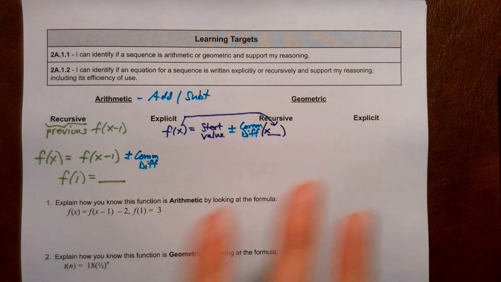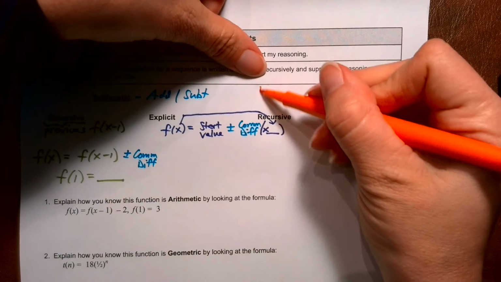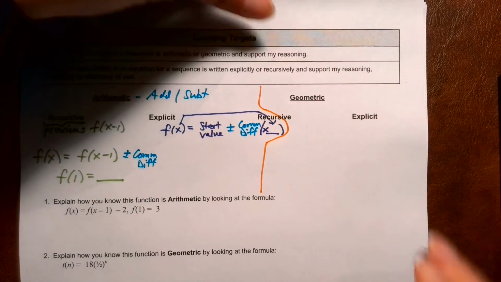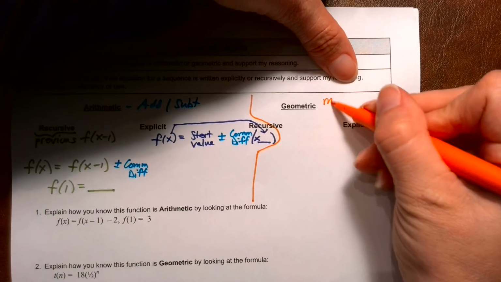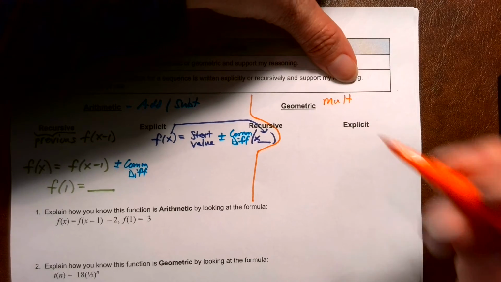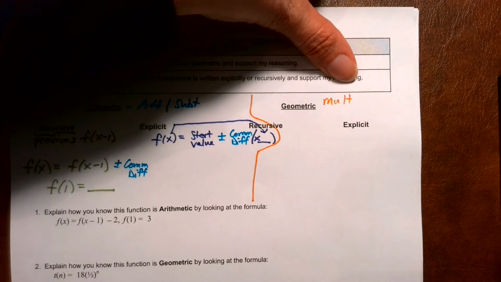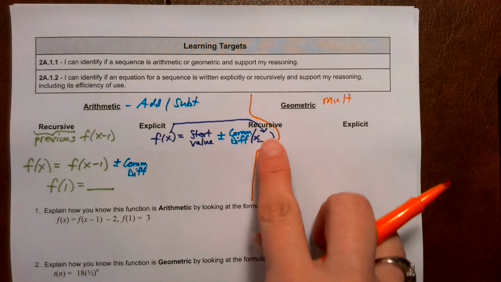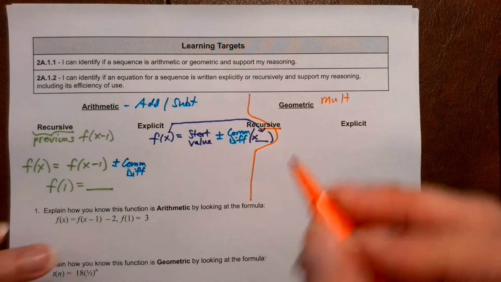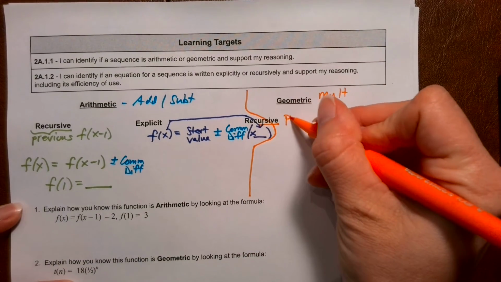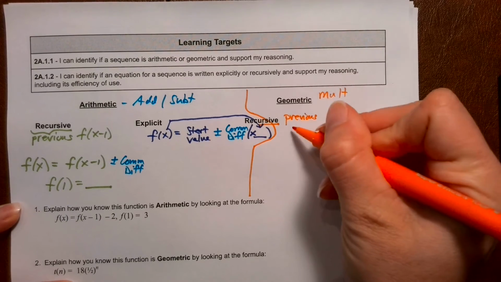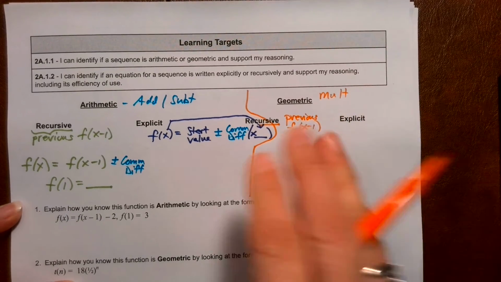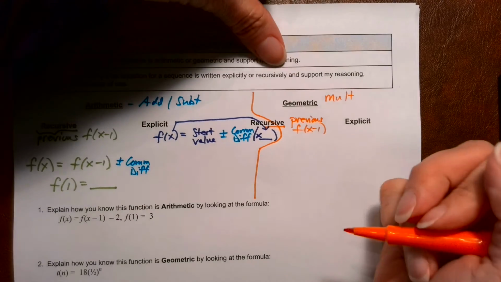Now, if it's geometric, let's just separate our paper a little bit. If it's geometric, you're going to have a multiply or a divide pattern. Remember, divide is just multiplying by a fraction. If it says recursive, we're still going to use that previous, which is f of x minus 1. So what does a recursive equation look like?